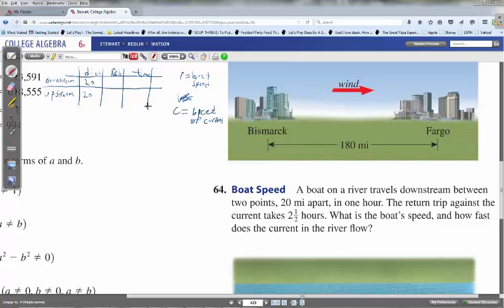Return trip against the current takes 2.5 hours. So 1 hour for downstream, 2.5 hours for upstream, and the rate, well, this would be R plus C, this would be R minus C.